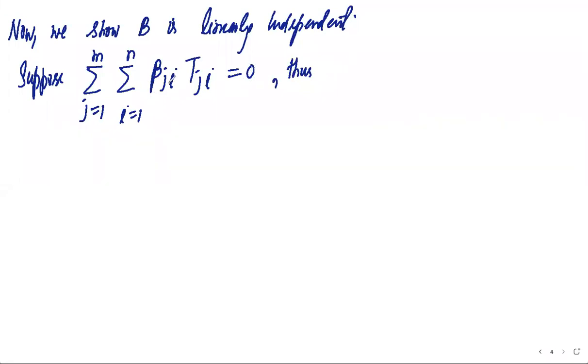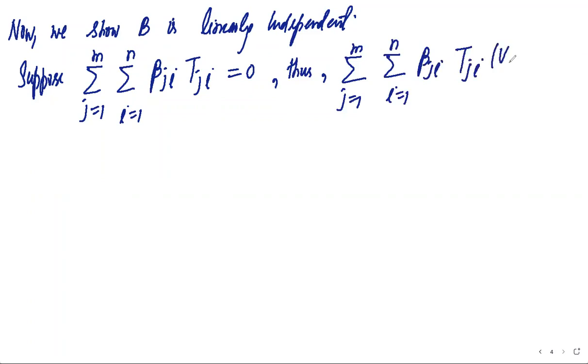So now we have to prove this beta_ji is equal to 0 for every j and for every i. So thus summation j from 1 to m summation i from 1 to n beta_ji t_ji of any v_i. So here if we write something, we will write v_k. Okay. This is for any v_k. So in order to be more general.